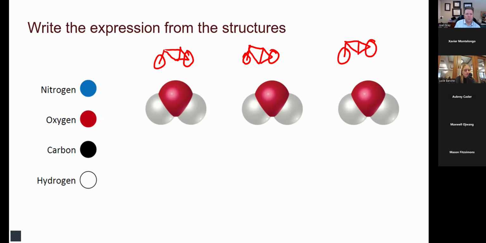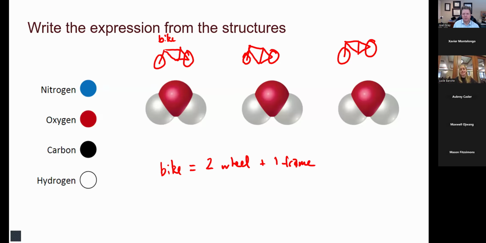Okay, would everyone agree with me? Give me a one in the chat if you agree that this is a bike. Now, you could look at each bike and say bike equals, in my best caveman speech, two wheel plus one frame.